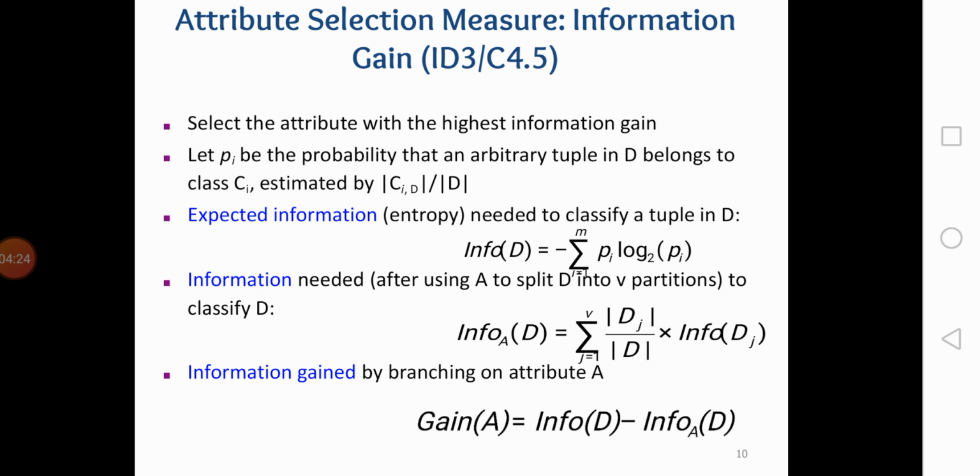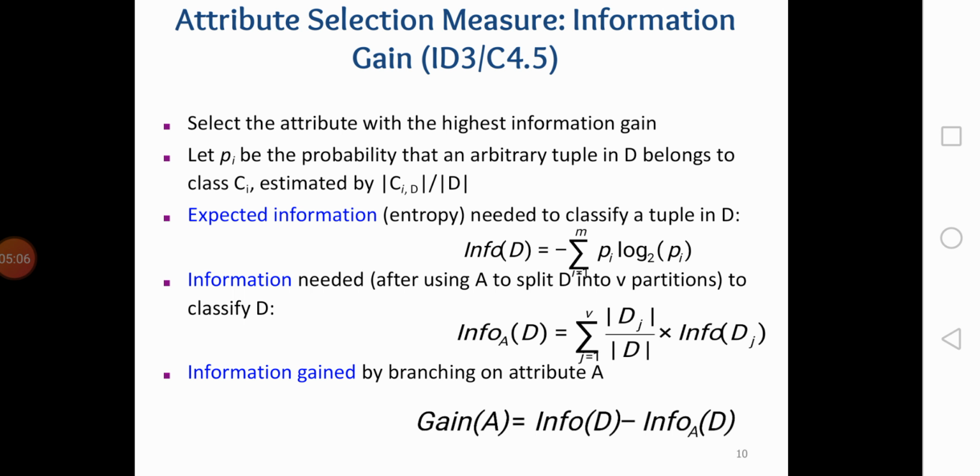InfoA(D) equals summation of j equals 1 to v of |Dj| divided by |D| times Info(Dj). Here InfoA(D) is the expected information required to classify a tuple from D based on partitioning by attribute A.